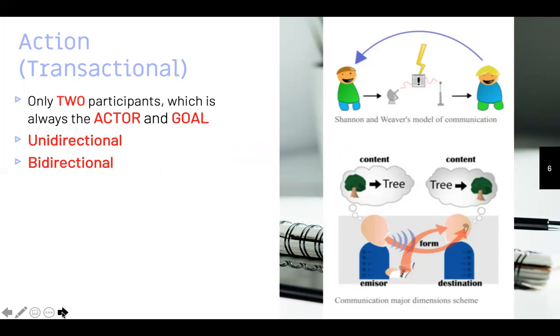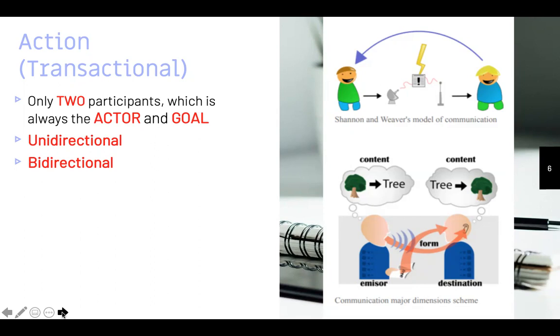Unlike the image at the bottom, in the image at the top, we have two actors, and one is the goal. But here we have two arrows, in two directions, one from the left to the right, another from the right to the left.